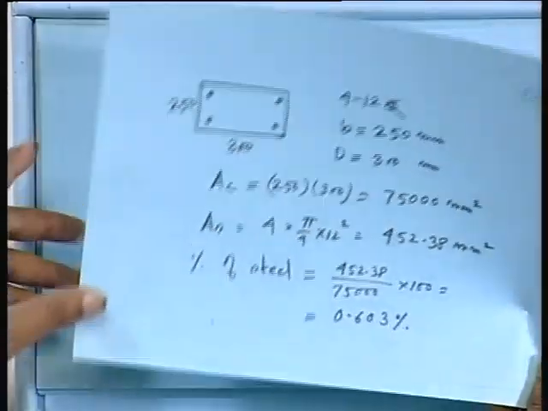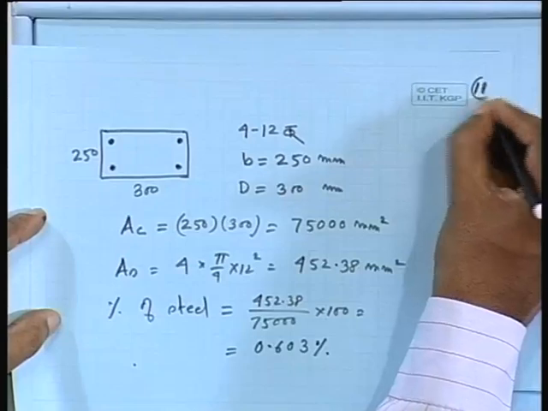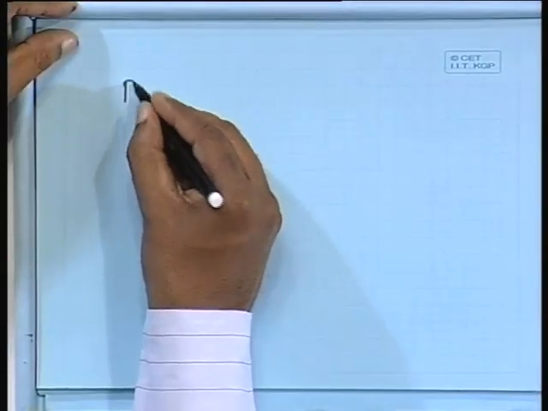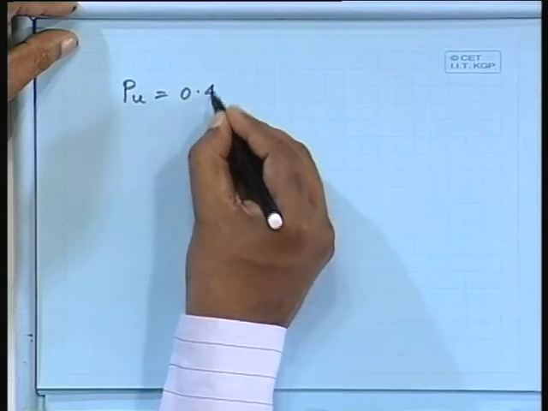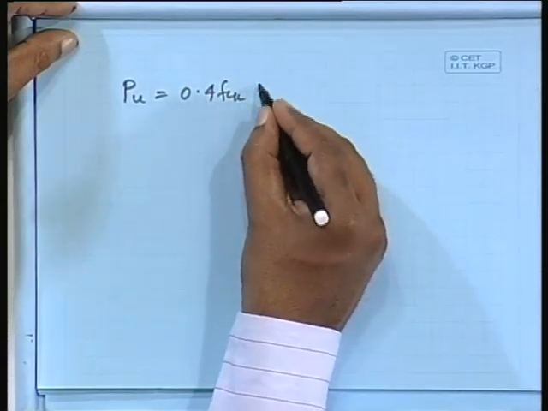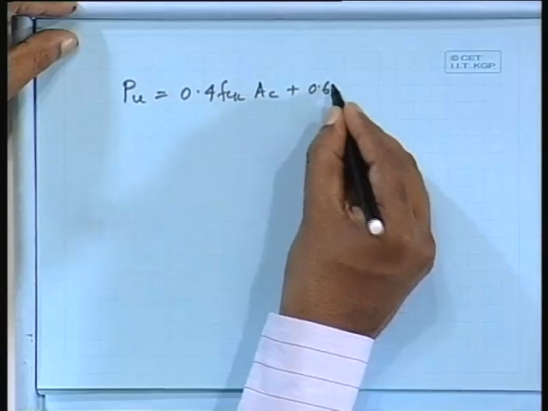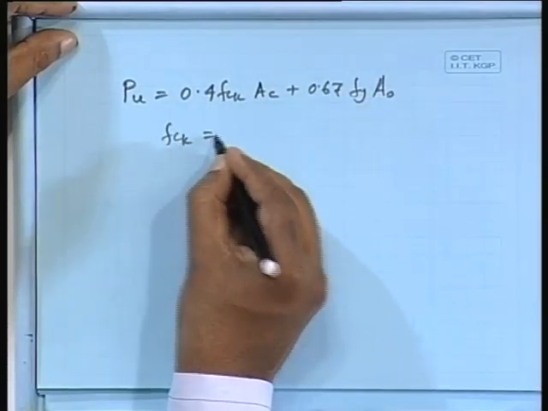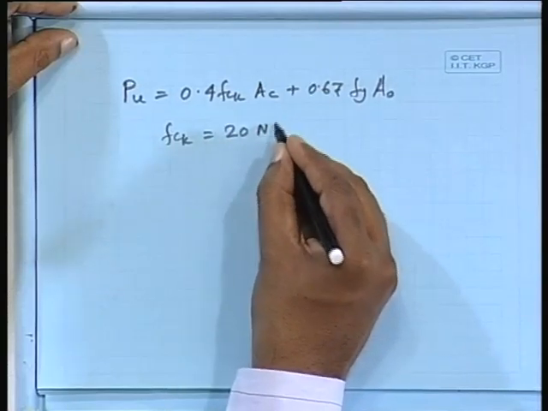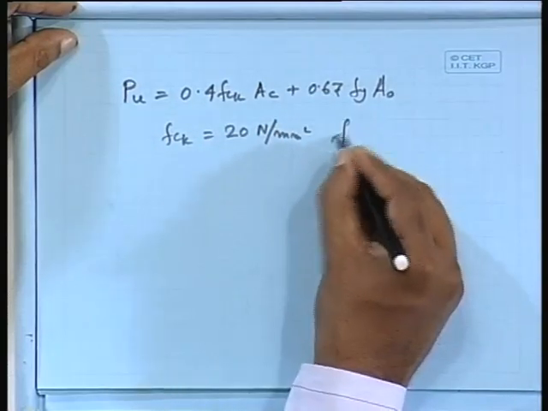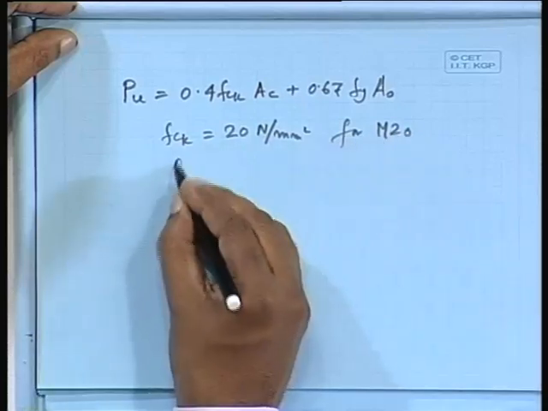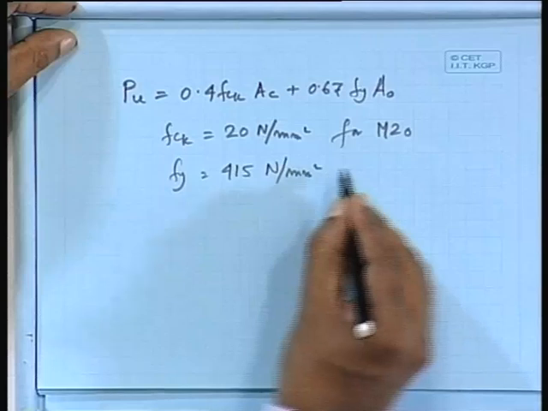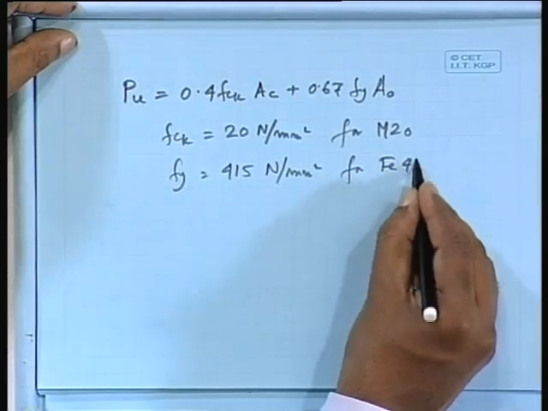that PU, let us find out first. PU equal to 0.4 FCK AC plus 0.67 FY AS. Let us take FCK equal to 20, M20, FY 415 Newton per square millimeter for Fe 415.